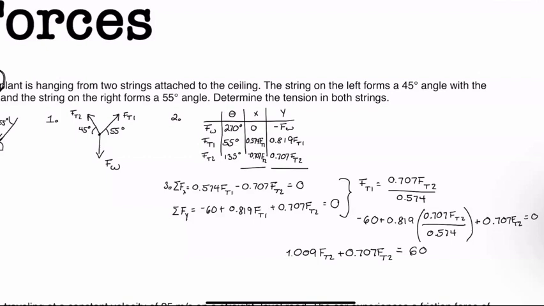So I can add those two together, and I can get that my FT2 is around 35, rounded.